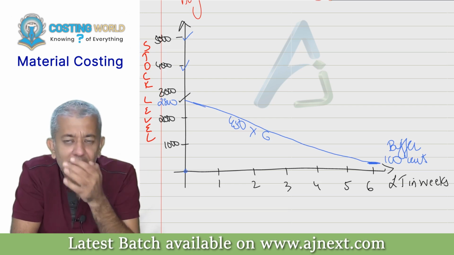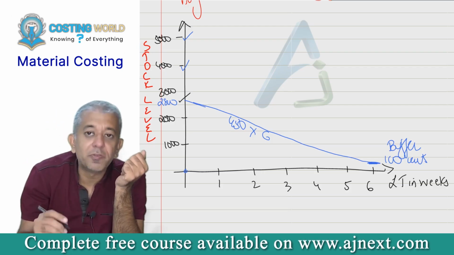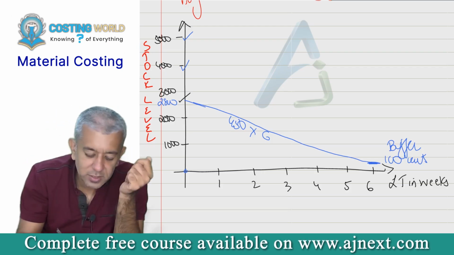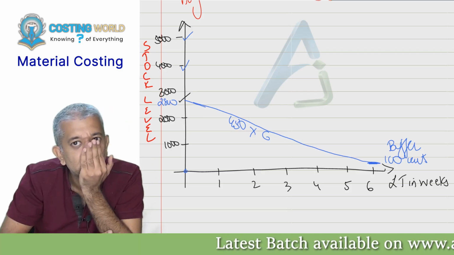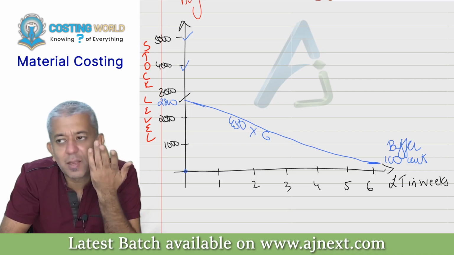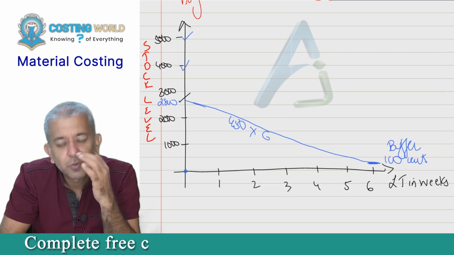By the time the supplier comes, our consumption will continue. I will think of least consumption. Least consumption is how much per week? 100 units. And try to think the supplier will come in the fastest possible time. Fastest possible time means 3 weeks.